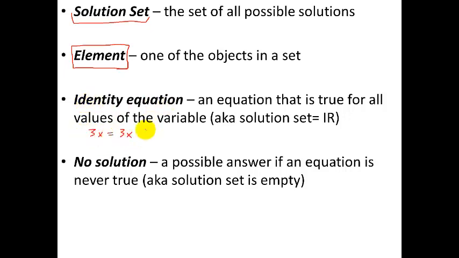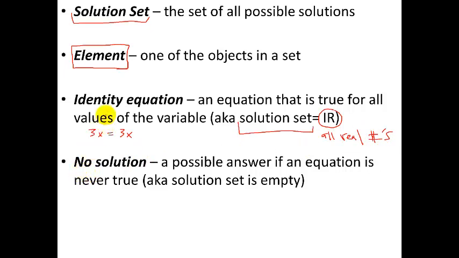So this is called an identity equation. It's when the left side is exactly identical to the right side. They are always true regardless of what value you choose. So the solution set is all real numbers, and this is a fancy symbol right here that means all real numbers. So all possible numbers are solutions.